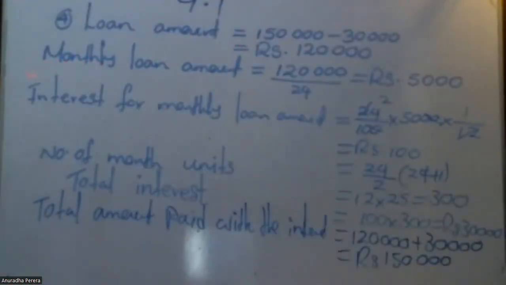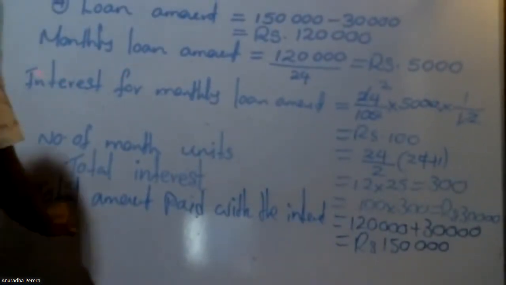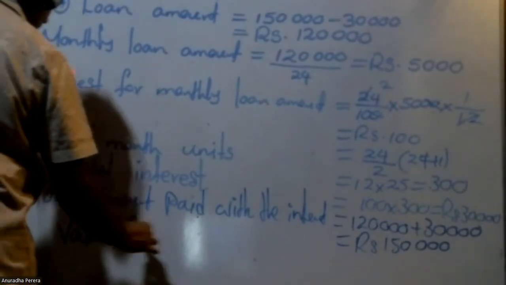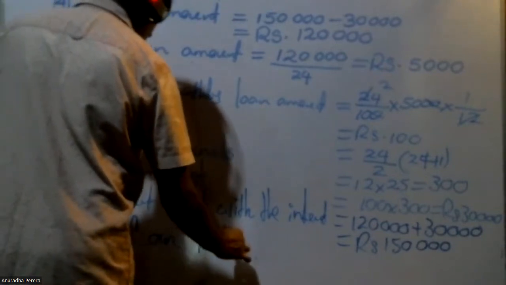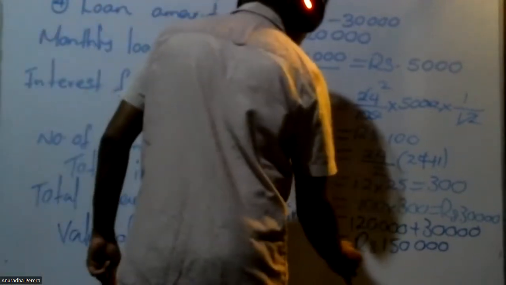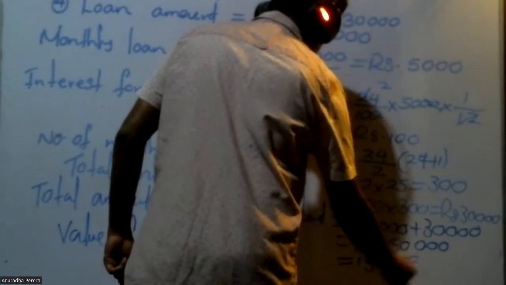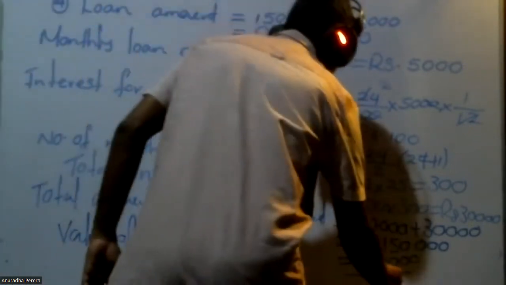Then value of an installment. Installment again calculate. Divide 150,000 by 24.